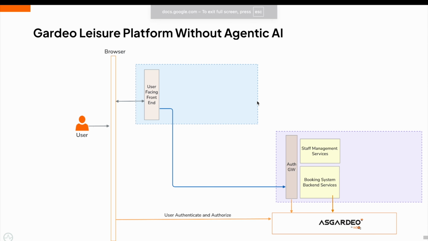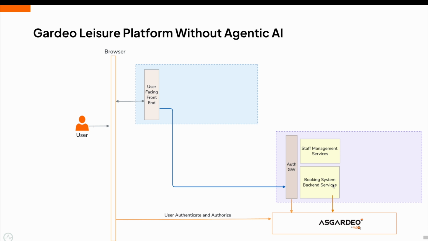Start off there. Yeah. So I think having that with Agentic AI capabilities and without Agentic AI capabilities will make things much easier to understand. Let's start with the Asgardeo Leisure platform without any Agentic AI capabilities. So if you look at this high-level component diagram, here we have a user-facing front end, where a user would regularly come and interact for doing their hotel bookings, finding out hotels, managing the bookings and so forth.